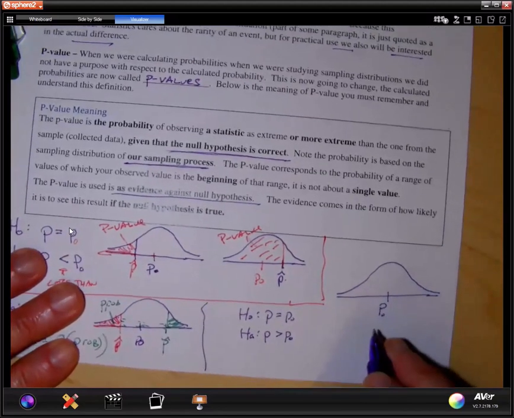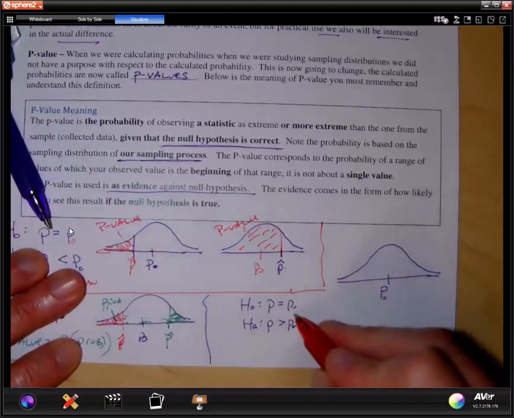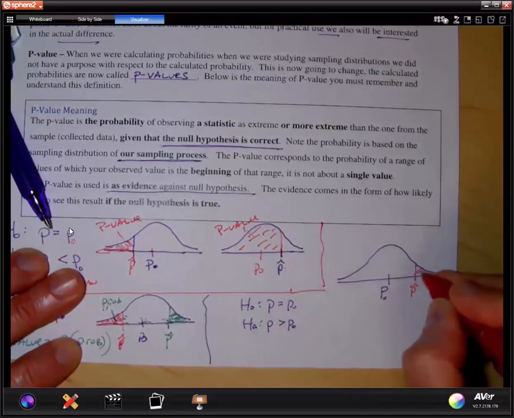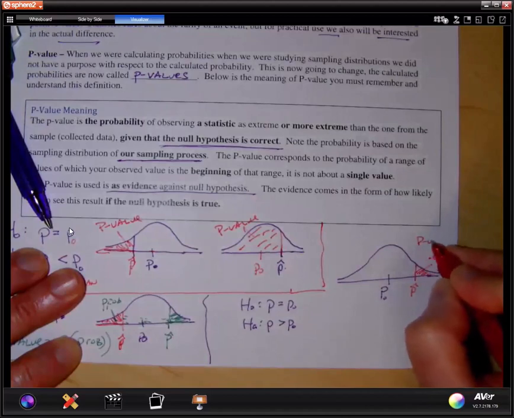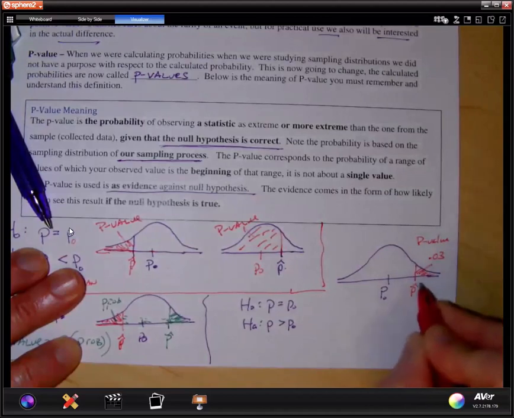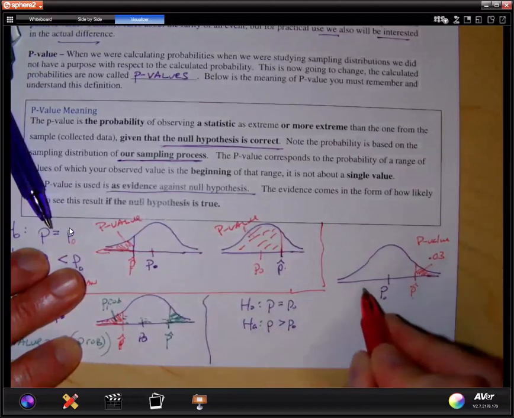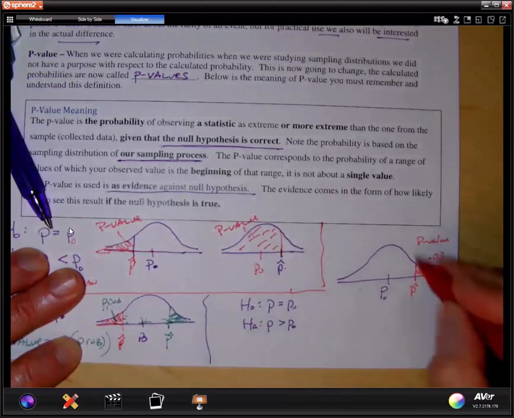Let's assume there's a parameter, and that p hat lands right there. Just for argument's sake, let's make this nice and clean. That value has a p-value, which is this area. Again, notice I'm going to the right. When I land, I need to go to the right. Had I landed here, I would still go to the right because this has direction. So this becomes my p-value.